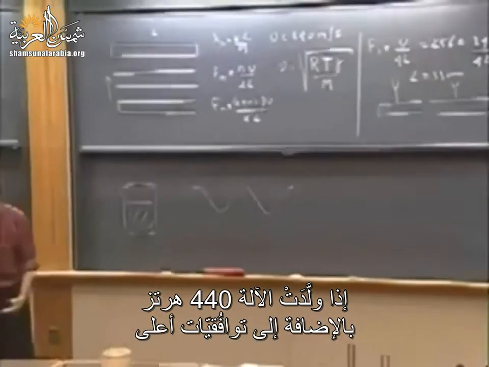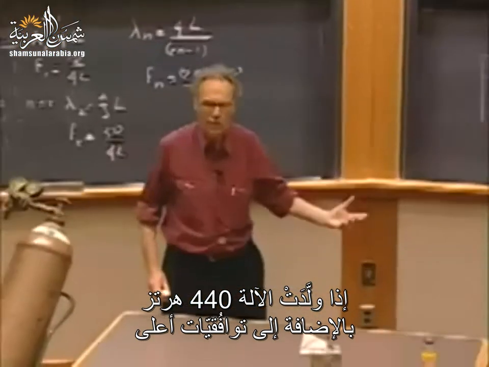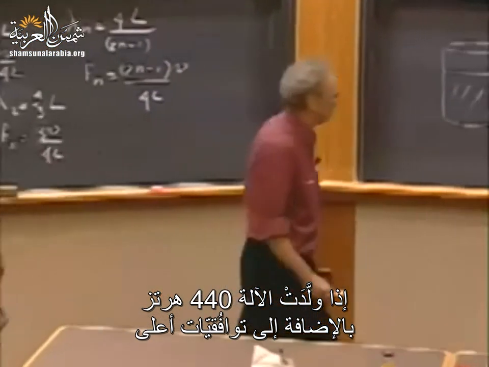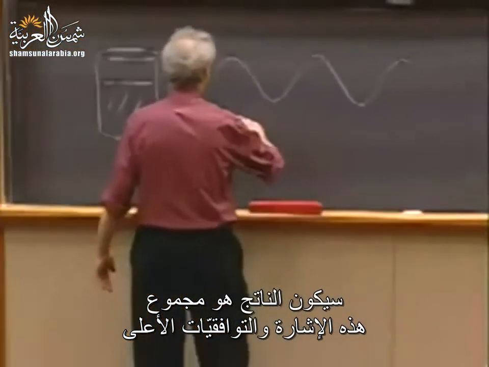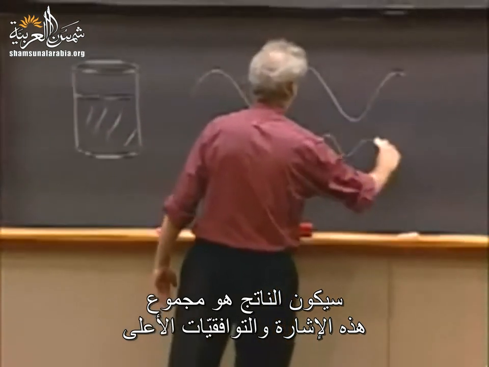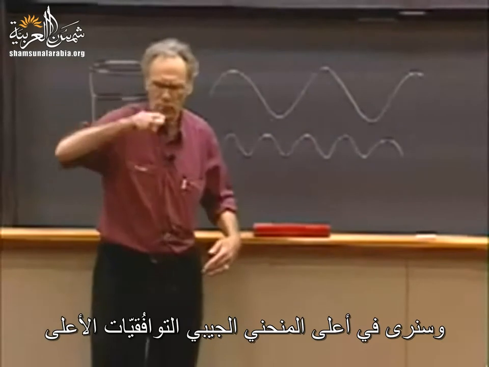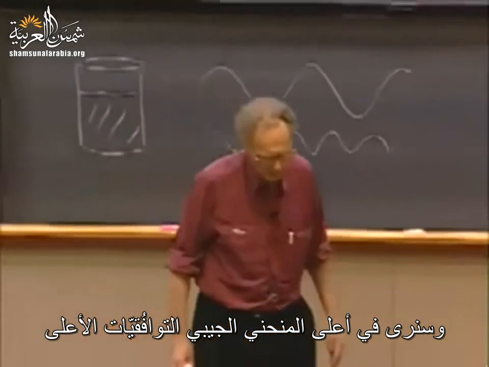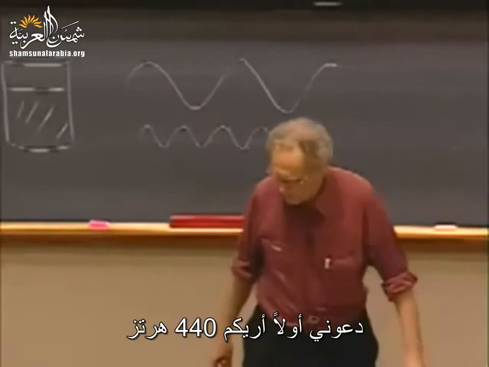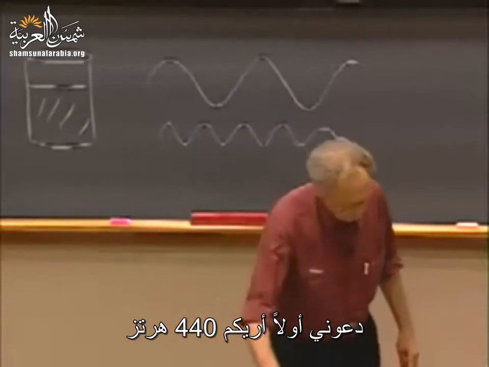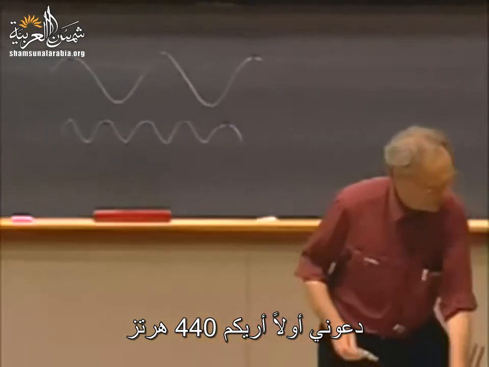If, however, an instrument were to generate 440 and in addition higher harmonics, you would get the sum of this signal and, of course, the higher harmonics. And so you will see no longer a nice sinusoid, but on top of the sinusoid you see the higher harmonics. So let me now first show you the 440 hertz.